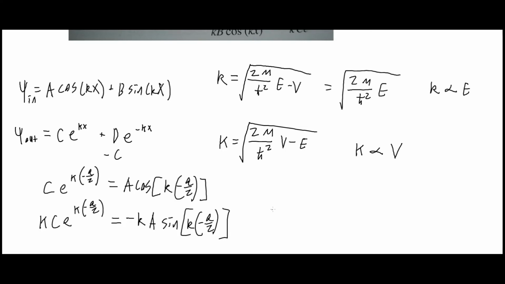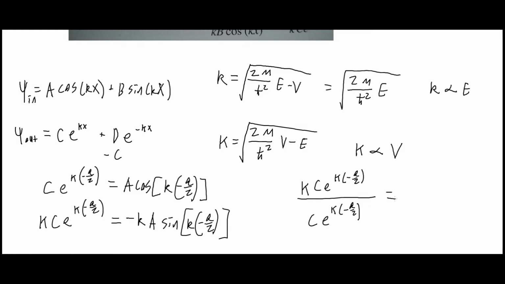And then what we do is we take what's called the logarithmic derivative, which is we essentially just take the derivative and divide it by the function. So what we end up with is kappa c e to the kappa minus a over 2, and we divide that by c e to the kappa minus a over 2.